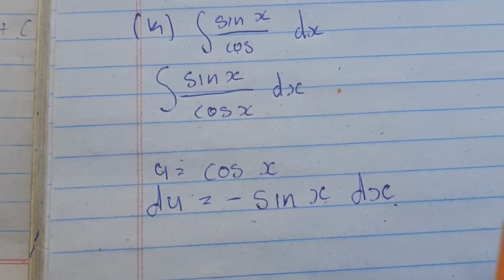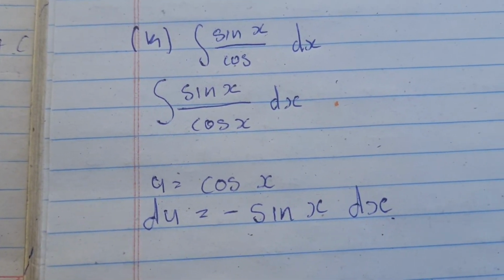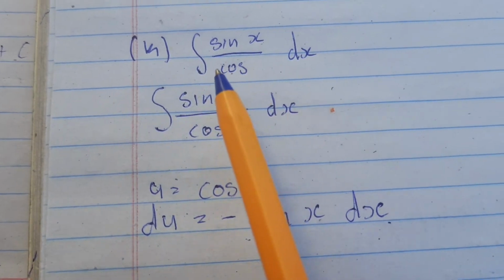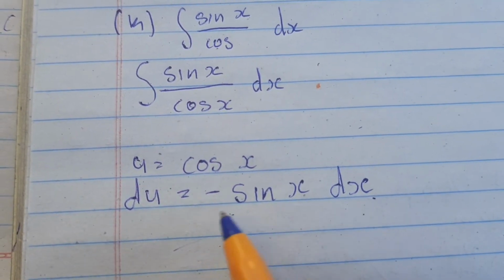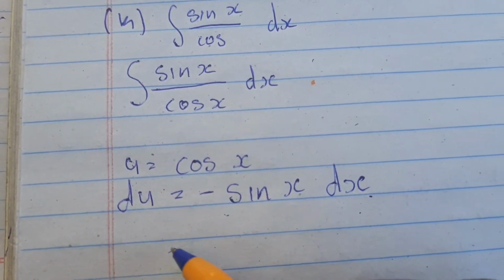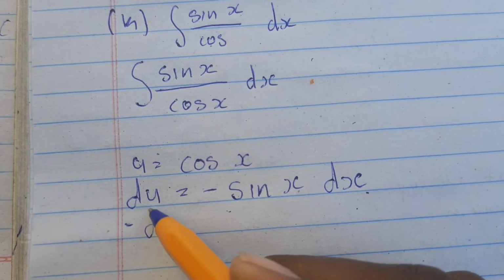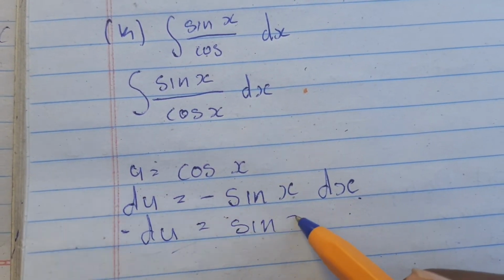But there's a minus sign here, so we need to place this in such a way that what's left here is identical to what's left here. To do that, we move the negative symbol to the du side. So negative du is equal to sine x dx.